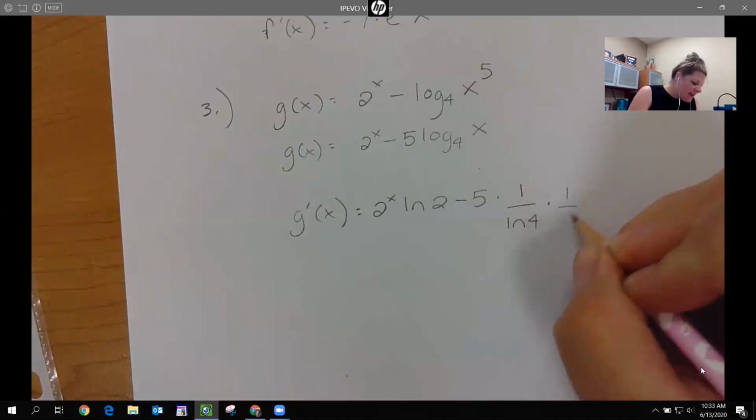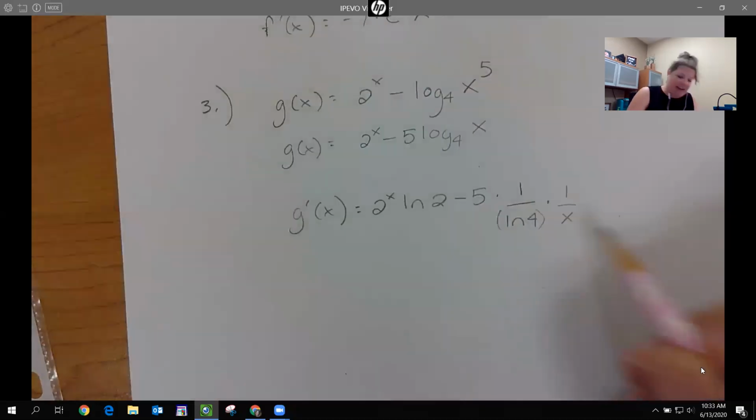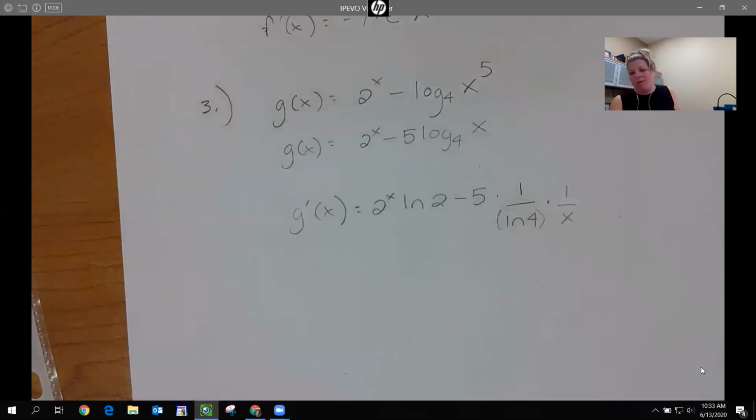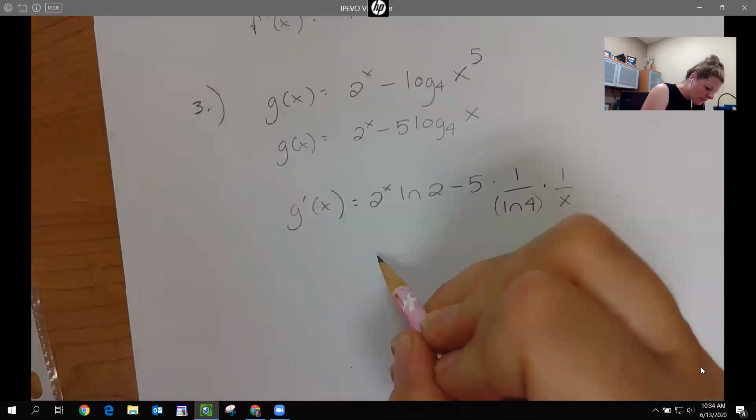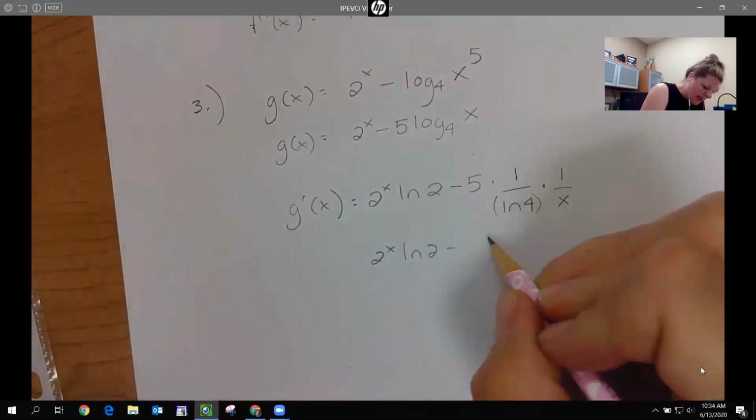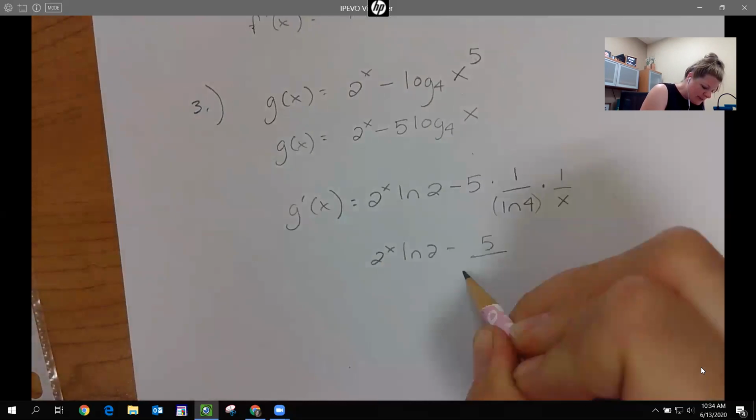So what's another way to write this? You have to think of this as like a parenthesis. You could probably type this into MyMathLab just like this if you have a parenthesis around that, and it would work. But I want you to think about this part. I could write this, the first part stays the same, as 5 over x times natural log of 4.